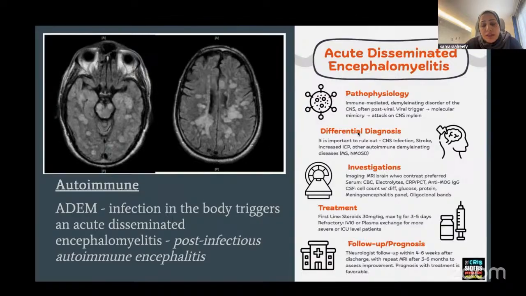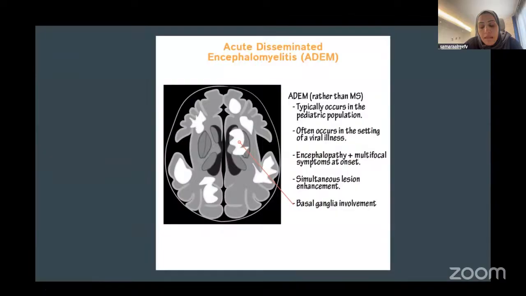Mainly, it is an infection anywhere else in the body that triggers an autoimmune process that involves the CNS and can cause molecular mimicry, and it attacks the CNS myelin. So it causes spinal cord inflammation. As you can see here, it usually affects the gray matter, the basal ganglia, and the spinal cord as well.